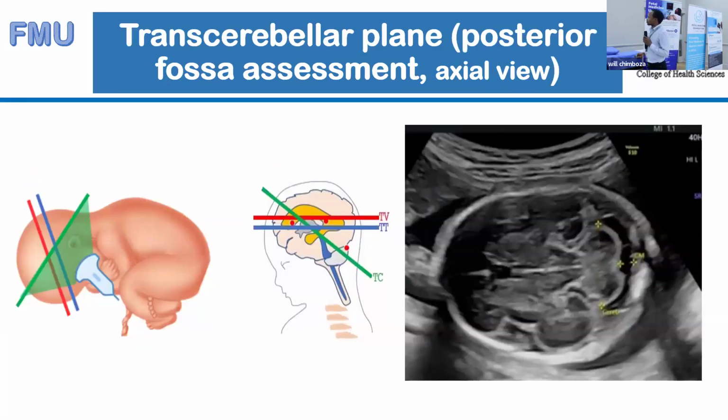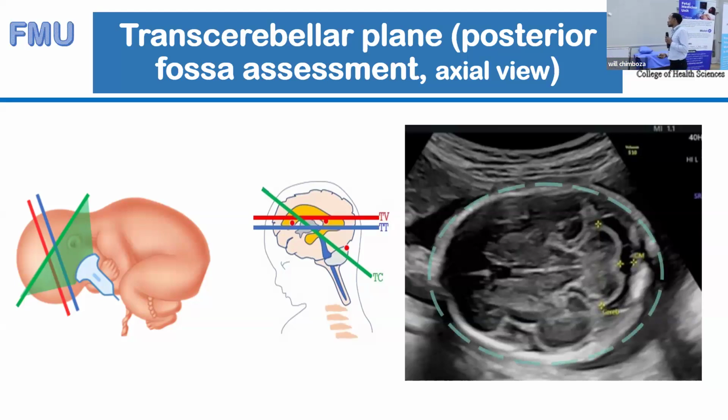Then from the transventricular plane, we rotate our probe towards the fetal back, where we now get the transcerebellar plane, but maintaining the region where we see the cavum septum pellucidum. So even in the image where we assess the cerebellum, we should also see the cavum septum pellucidum.